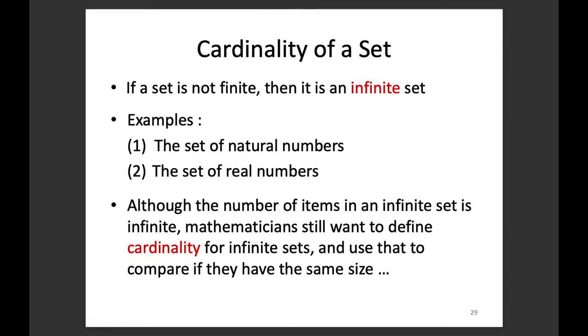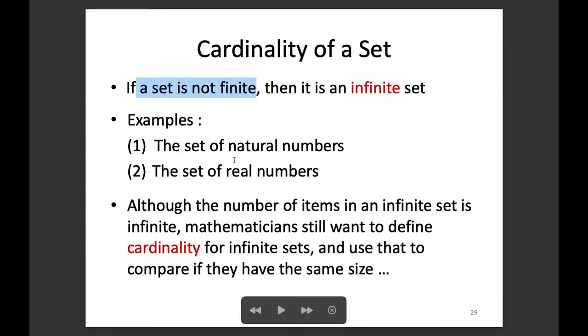But if a set is not finite, then we still want to define what is meant by the cardinality. At least, if a set is not finite, we simply call it an infinite set.